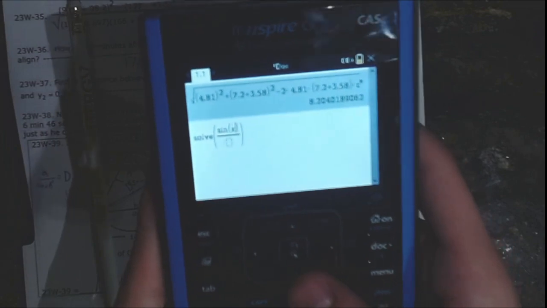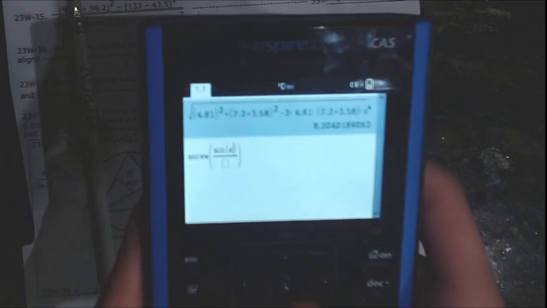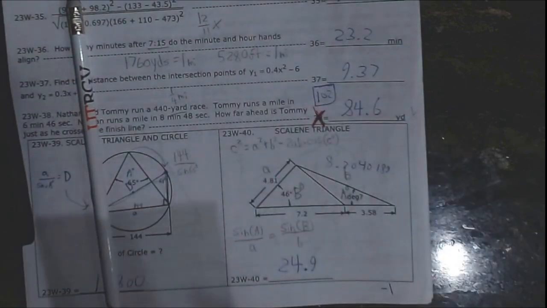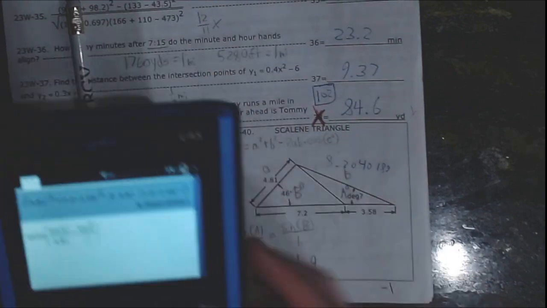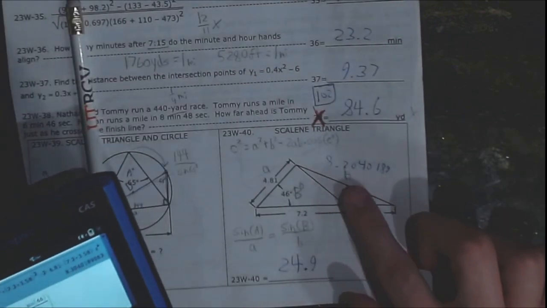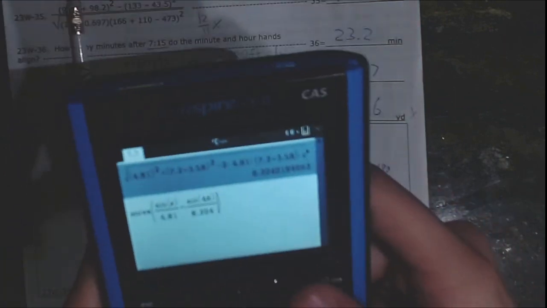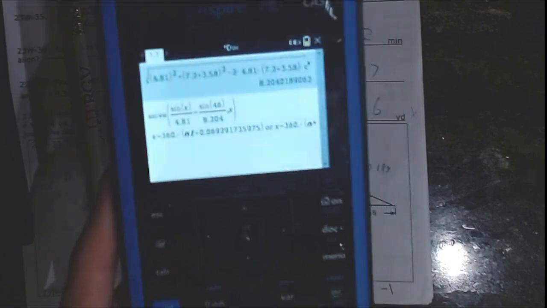Sine of angle A, which I'll call x, because that's what we're looking for, over its opposite side here, which is 4.81, equals the sine of 46 over the side that we just solved for, 8.204, comma x, and you'll get this.